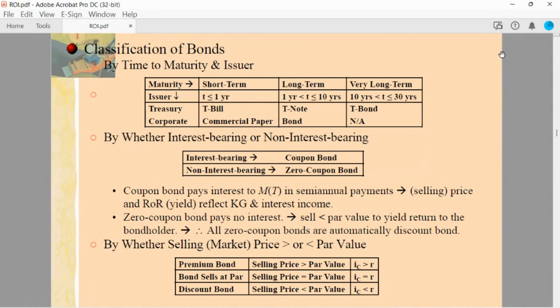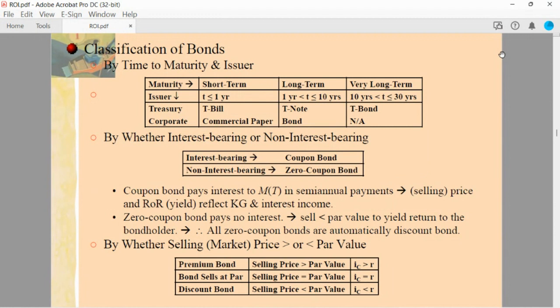So in the bond market, what's a bond? Bond is a borrowing. It's a debt instrument, standardized, right? Standardized means there are certain features that are standardized, such as, first of all, the face value of the bond is basically $1,000.